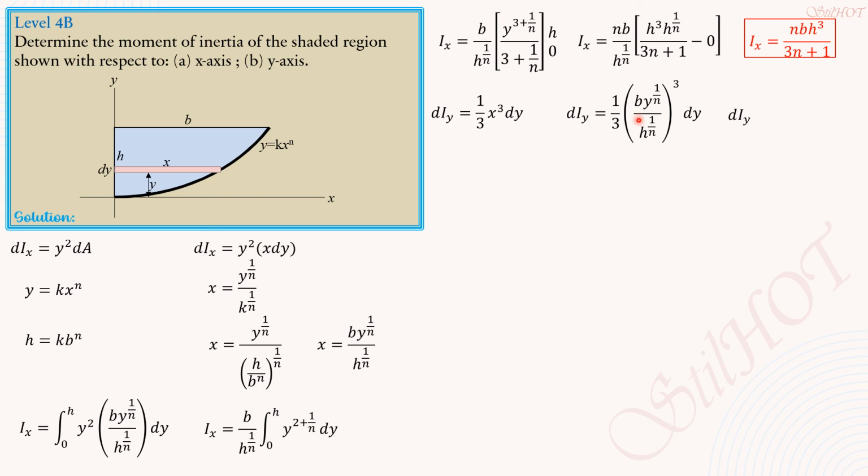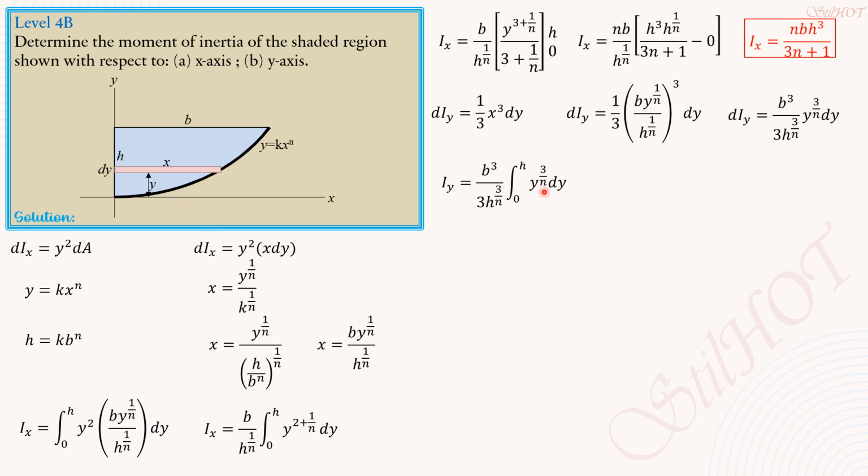Simplifying, differential Iy is b cubed over 3h to the 3 over n, times y to the 3 over n dy. So integrating, Iy equals b cubed over 3h to the 3 over n, then the integral from 0 to h of y to the 3 over n dy.